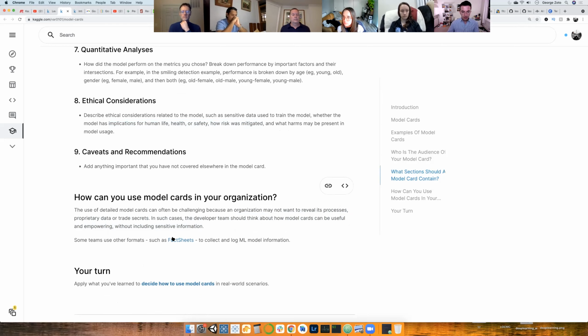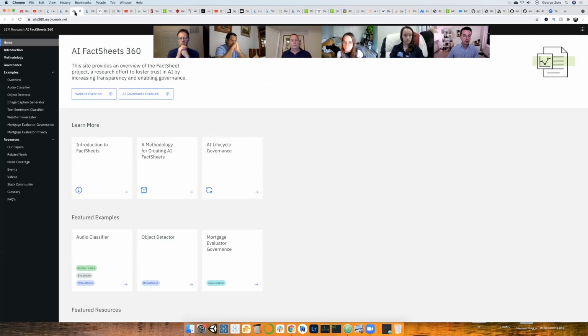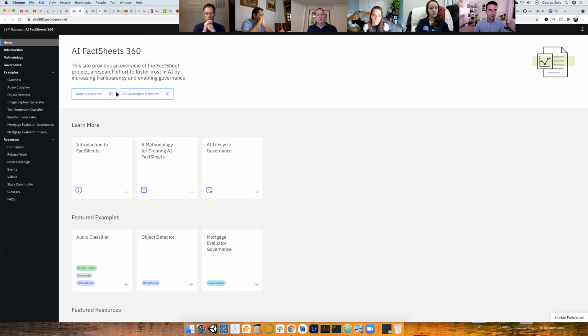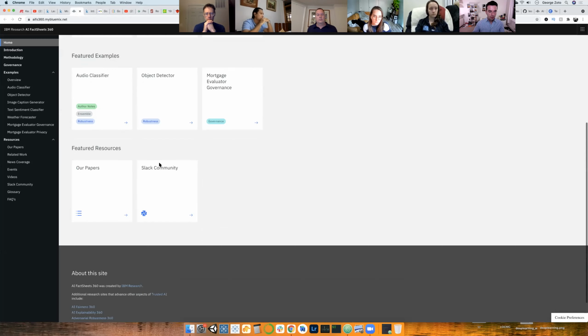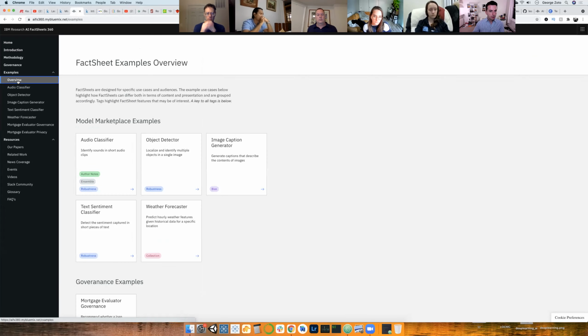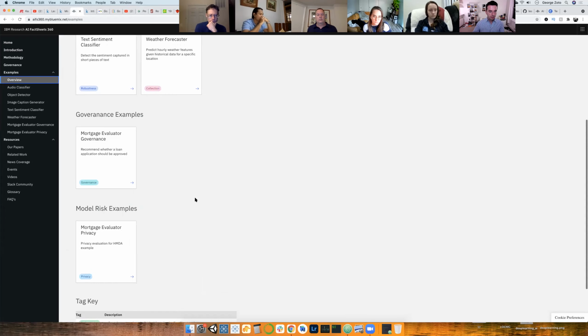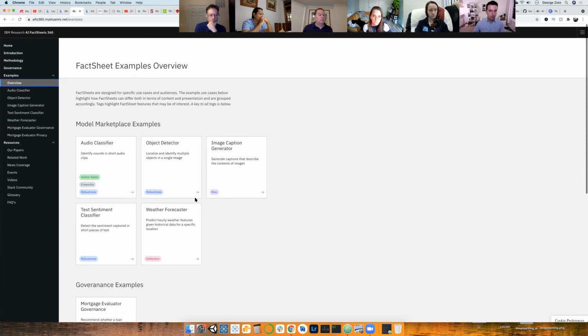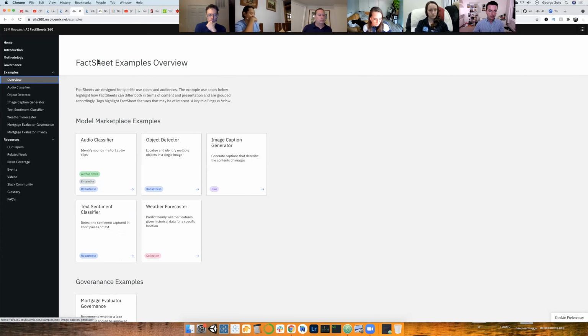In that case, they recommend other alternatives, such as the fact sheets that Graph shared as well. I haven't personally checked this, but maybe it's something we can look at. These are designed for specific use cases and audiences, and it looks like another documentation approach by IBM Research.